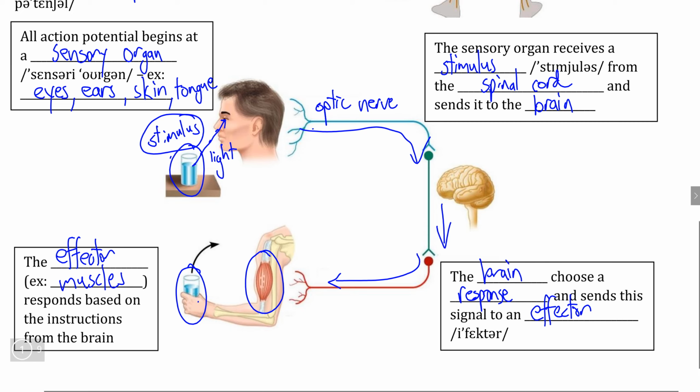But in the next series of videos, we're going to look at the different possibilities for what an effector is. Nevertheless, the job of an effector is to respond based on the response that the brain decided and to carry out the instructions in whatever way is possible.